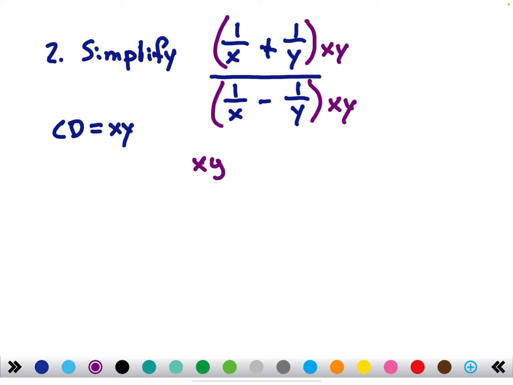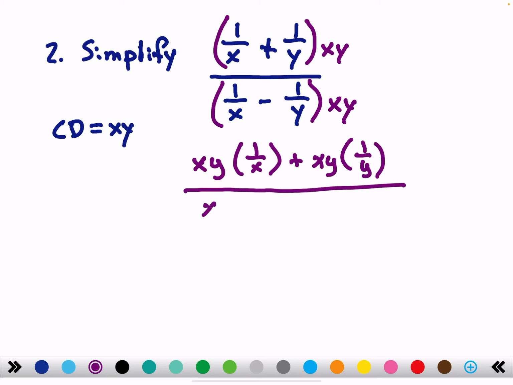So this will give us xy times 1 over x plus xy times 1 over y in the numerator, over xy times 1 over x minus xy times 1 over y in the denominator.